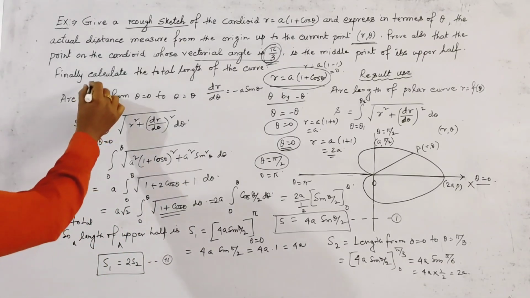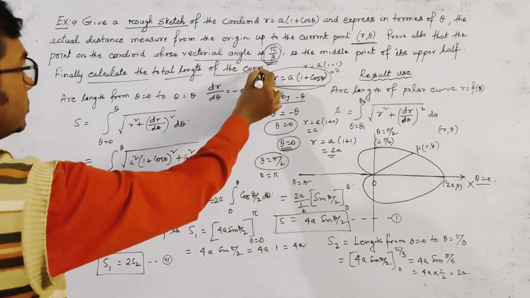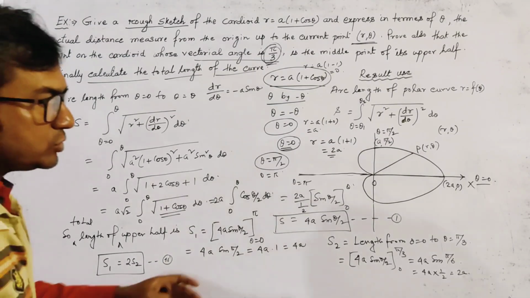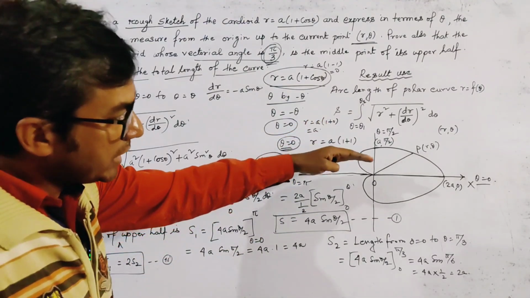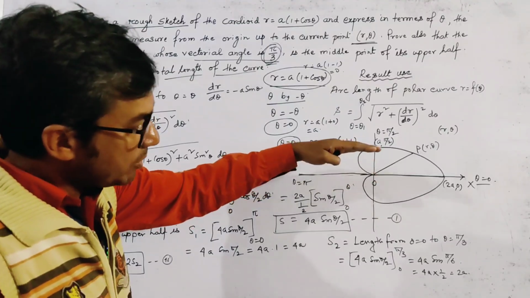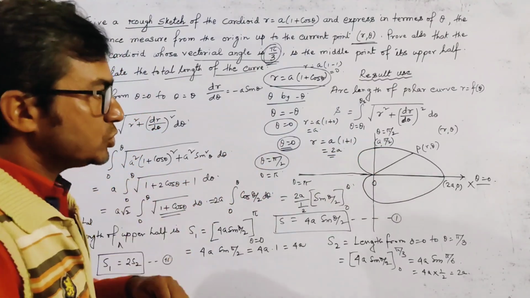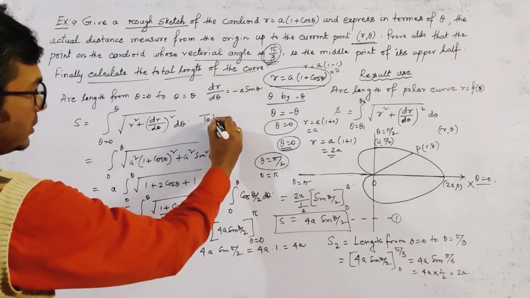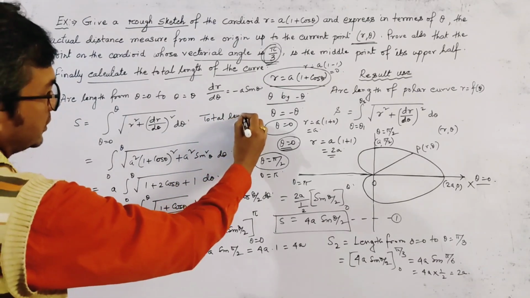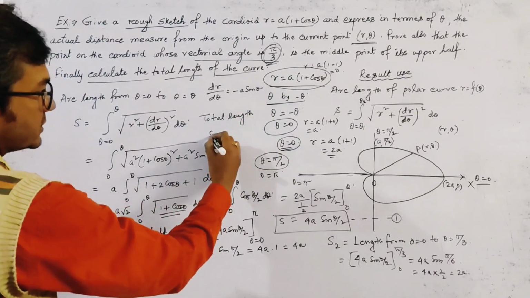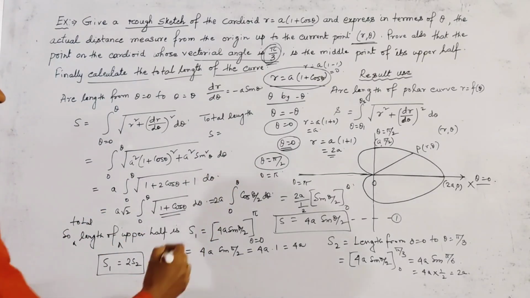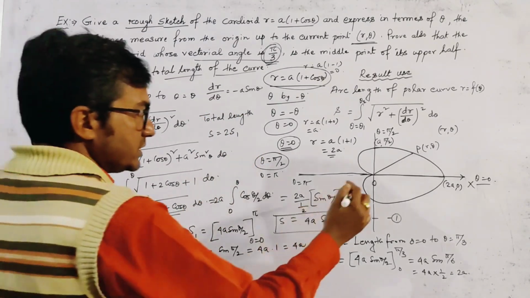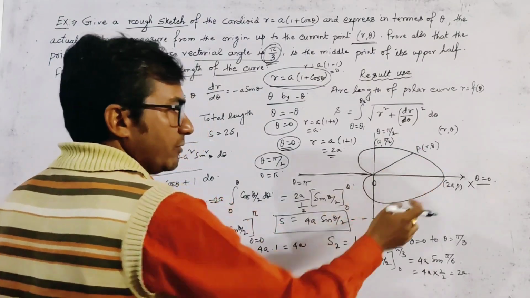Now finally we have to calculate the total length of the curve. How to find the total length of the curve? Because of symmetry about the line theta equal to 0, that is, about the initial line, the total length S is given by 2 into S1, because this is double the upper half.